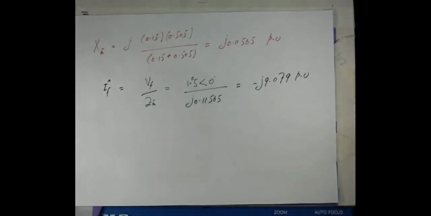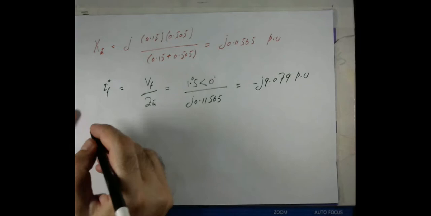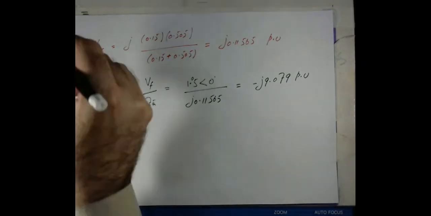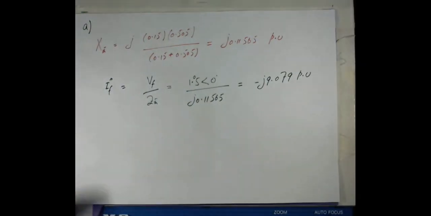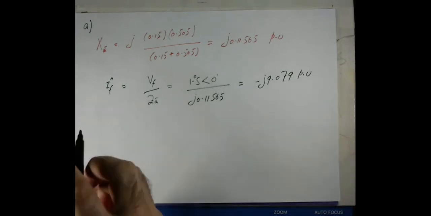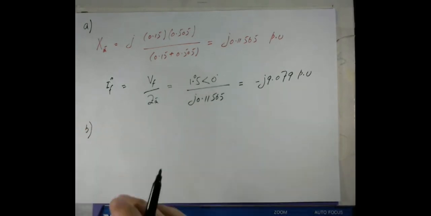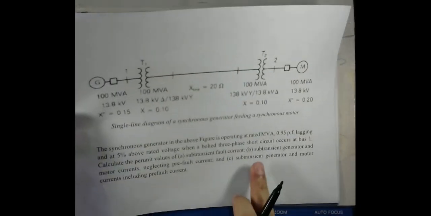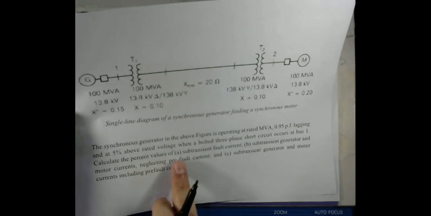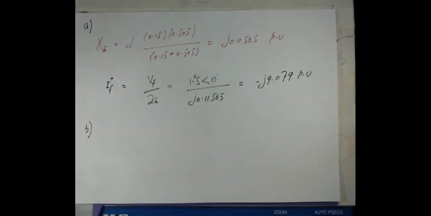That was still part A, which was related to finding the subtransient fault current. Now part B is where we are supposed to find the subtransient generator and motor currents, neglecting the pre-fault current, meaning neglecting the load current.